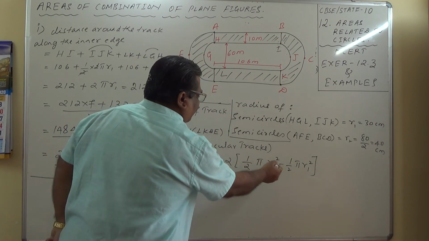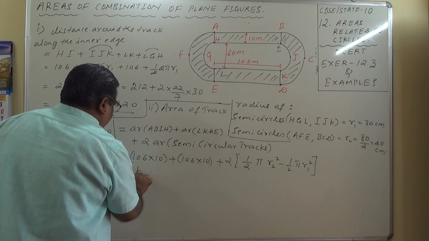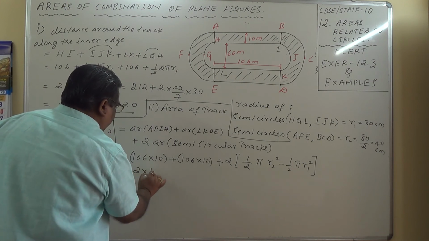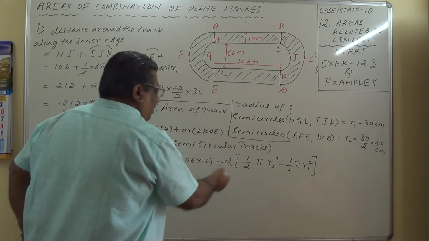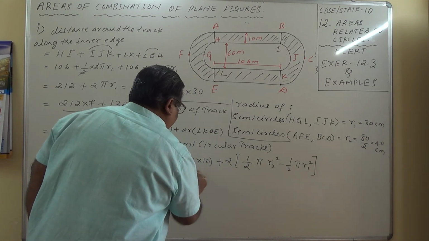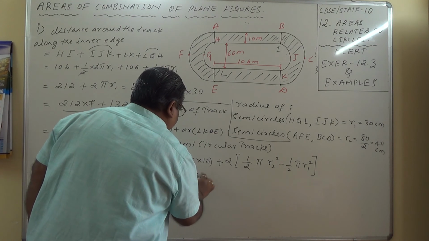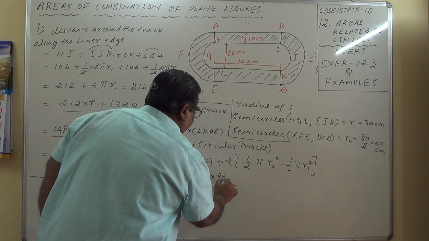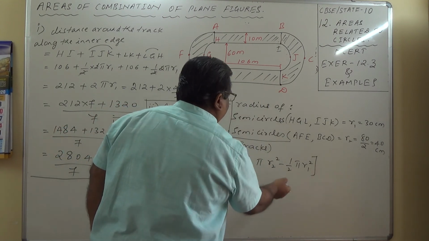Now half pi I'll take common. This you can work out: 106 times 10, 1060, plus, because 2 times this one, 2 into half will cancel, or I can write this one, 2 into half into 22 by 7 into R2 square minus R1 square.